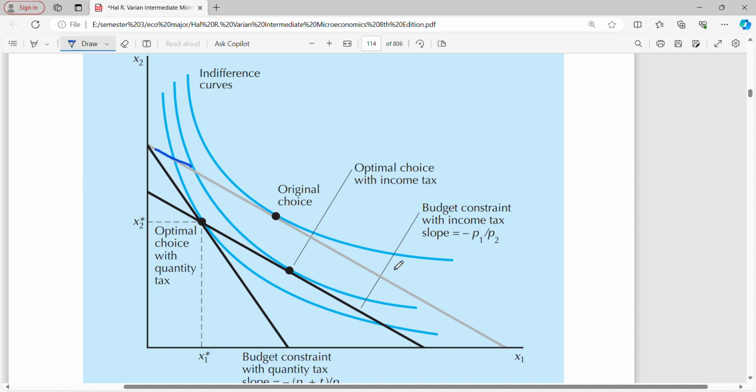When the price increased with T, when the quantity tax was imposed, this became this.